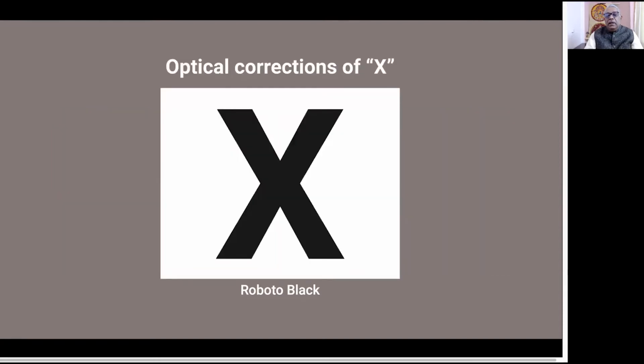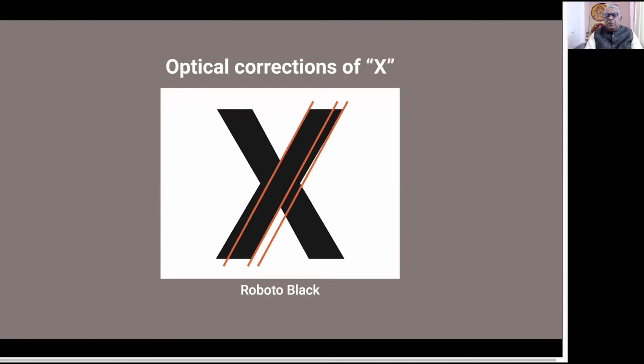And if you look at X, for example, X is a treasure of examples of optical correction in typography. There are 100 things to learn from the design of this letter X. If you take the angle of one stroke, it will not be matching the corresponding stroke above the middle line.